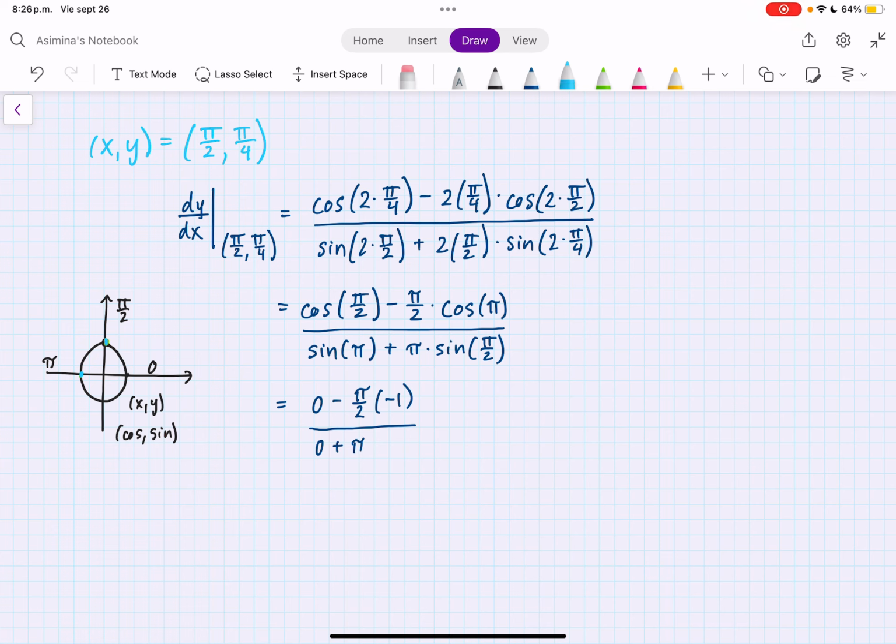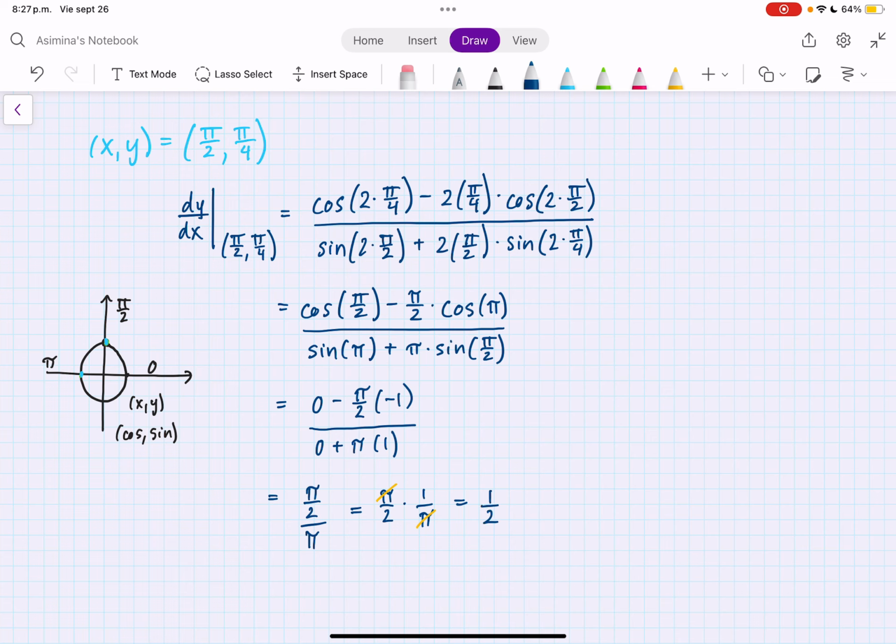So here at pi over 2, sine is 1. So we get pi over 2 divided by pi, which is the same as pi over 2 times the reciprocal of pi, which is 1 over pi. We see that the pi's cancel out, and so we are left with 1/2.